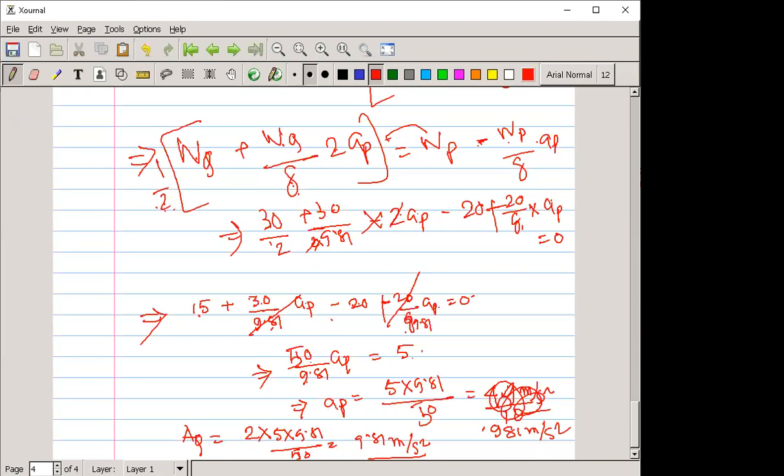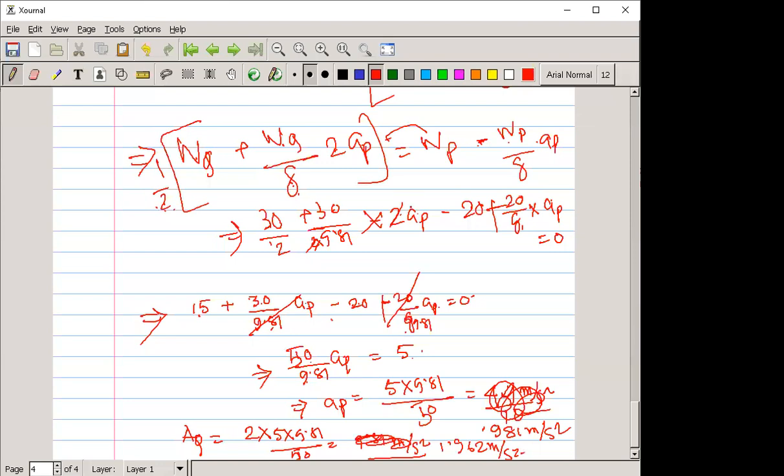This will give 5 into 9.81 divided by 50. 0.981 into 2, 1.962, right? Yes, sir. 1.962. Very good. Yes, it should be in this side, minus plus. Okay, so is it clear now?